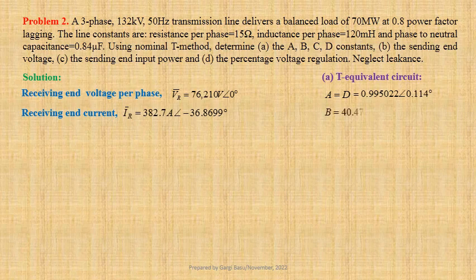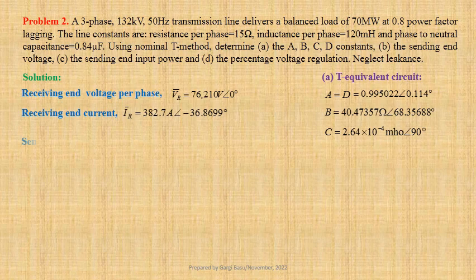B equals 40.47357 ohm at an angle 68.35688 degree, and C equals 2.64 into 10 to the power minus 4 mho at an angle 90 degree.